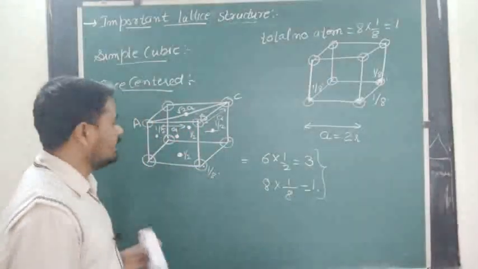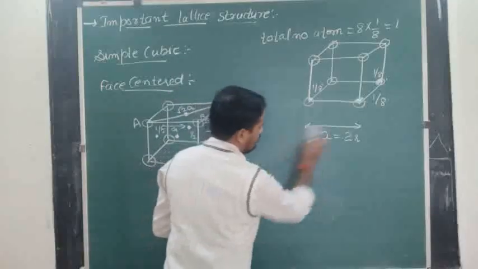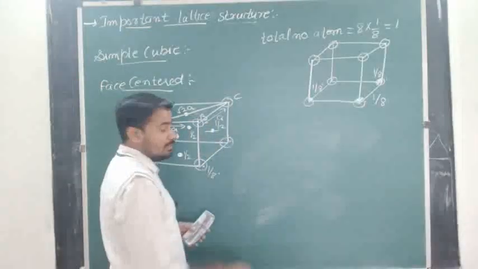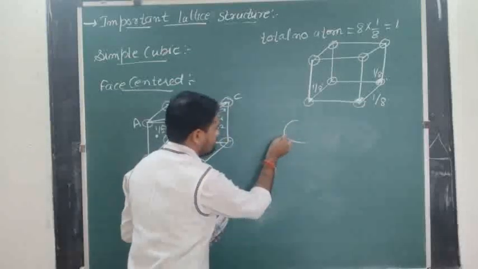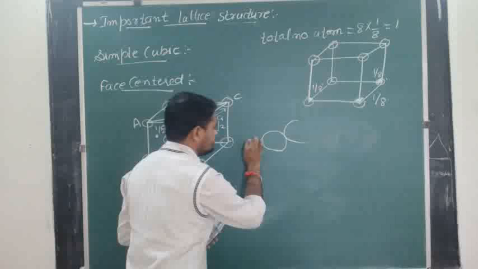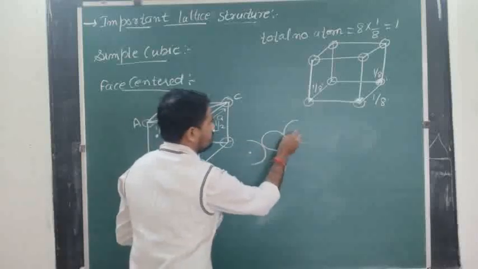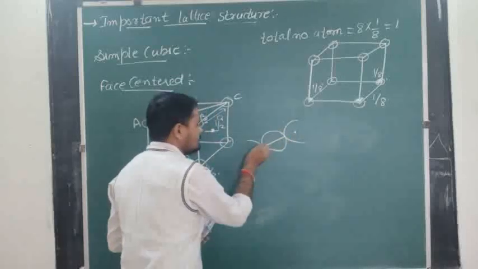Clear? And in the actual picture, as I have shown you with the model, these face-centered atoms are like that. 1 atom, 2 atom, and 3 atom.